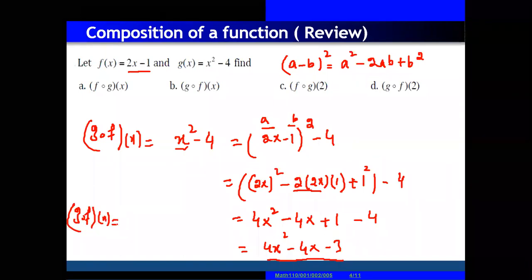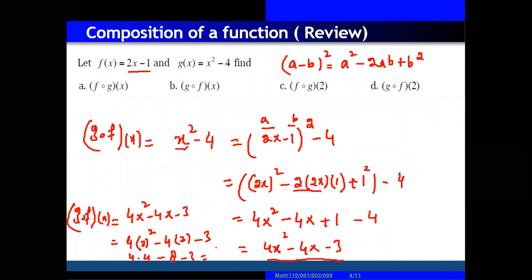If you want to find it at 2, replace x with 2 in 4x square minus 4x minus 3. So 4 multiplied with 2 square, minus 4 multiplied with 2, minus 3. 4 multiplied with 4, because 2 square is 4, minus 4 times 2 is 8, and minus 3.